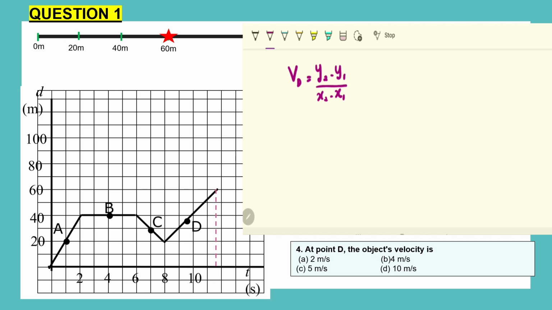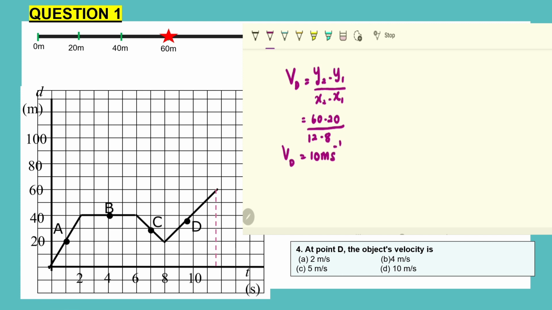So y2 is 60 and y1 is 20, over x2 is 12 minus 8. So the answer is 10 meter per second.